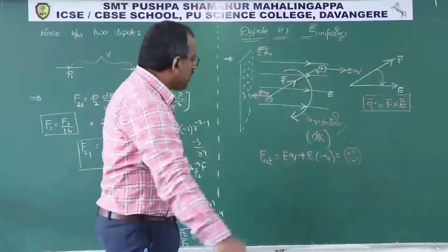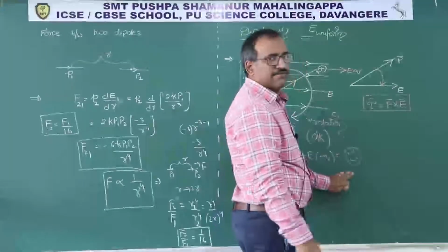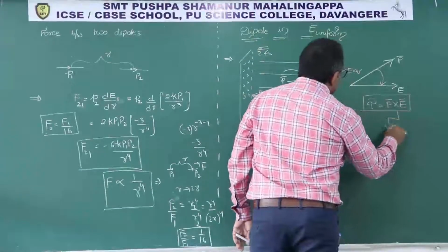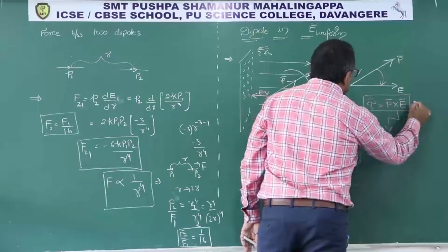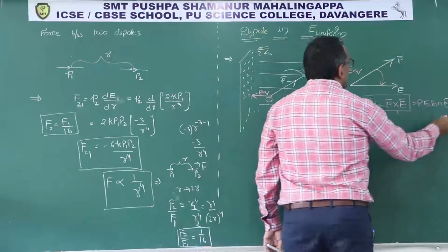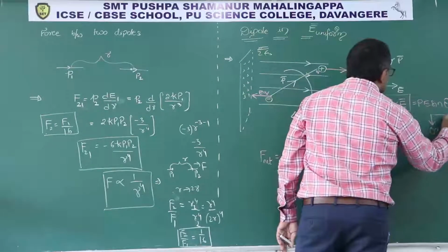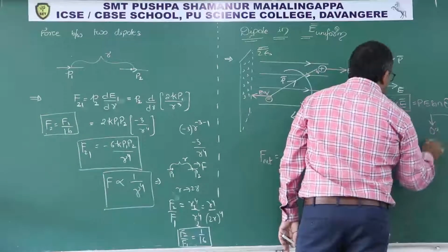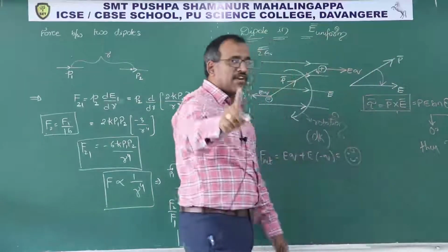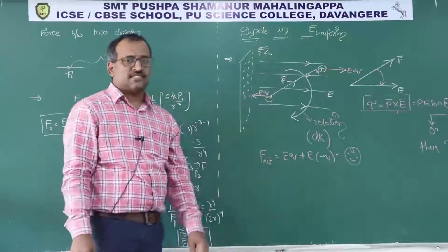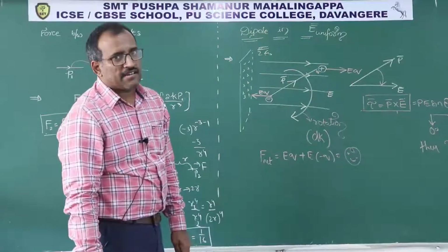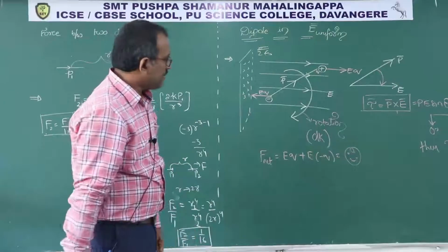Mind it. So now net force is 0 and the torque is P bar cross E bar, which depends on sine theta as well. P E sine theta. Now listen, if theta is 0 degrees or 180 degrees, then only torque is 0. Otherwise, torque may be 0, but force is always 0.